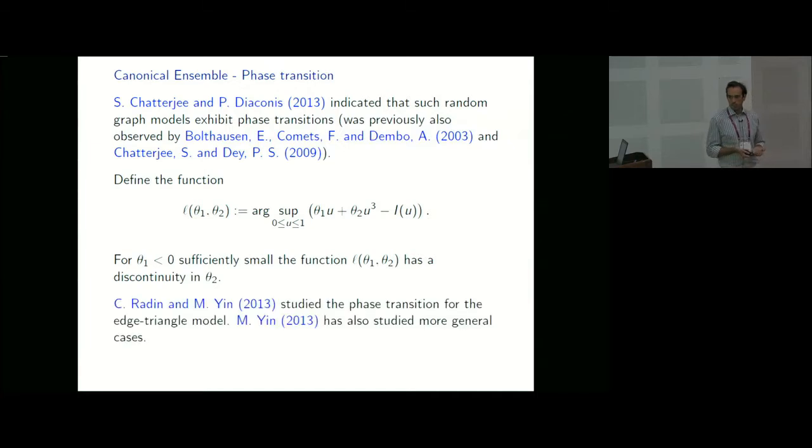Then Radin and Yin, in a paper, managed to explicitly find the regions where the phase transition happens and exactly the values where it happens. Yin also studied more general models, and the edge-triangle models, to identify these phase transitions. This phase transition is a really interesting subject and makes estimating these parameters from observables really difficult. After all these papers, there was an enormous production of papers on this phase transition in exponential random graphs.